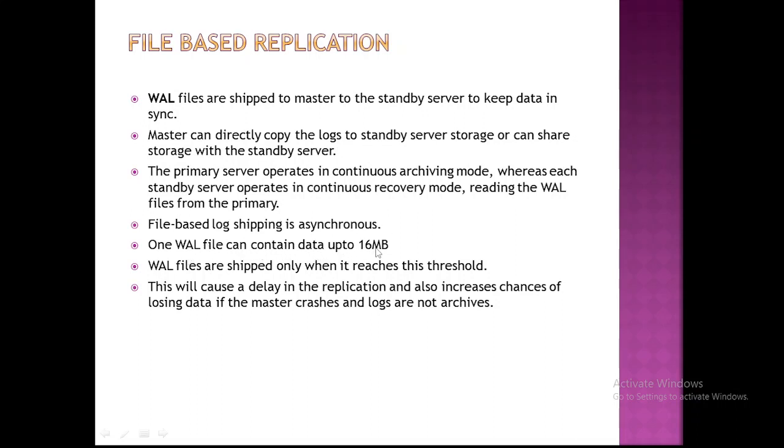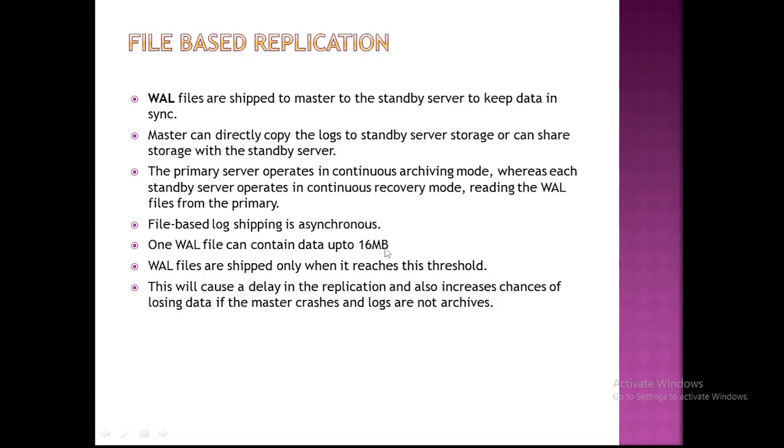One WAL file can contain up to 16 MB of data. Once the data in a WAL file reaches 16 MB, it gets archived to the archive location. Before that, it stays in the WAL file segment. WAL files are shipped only when they reach this threshold value, like 16 MB.